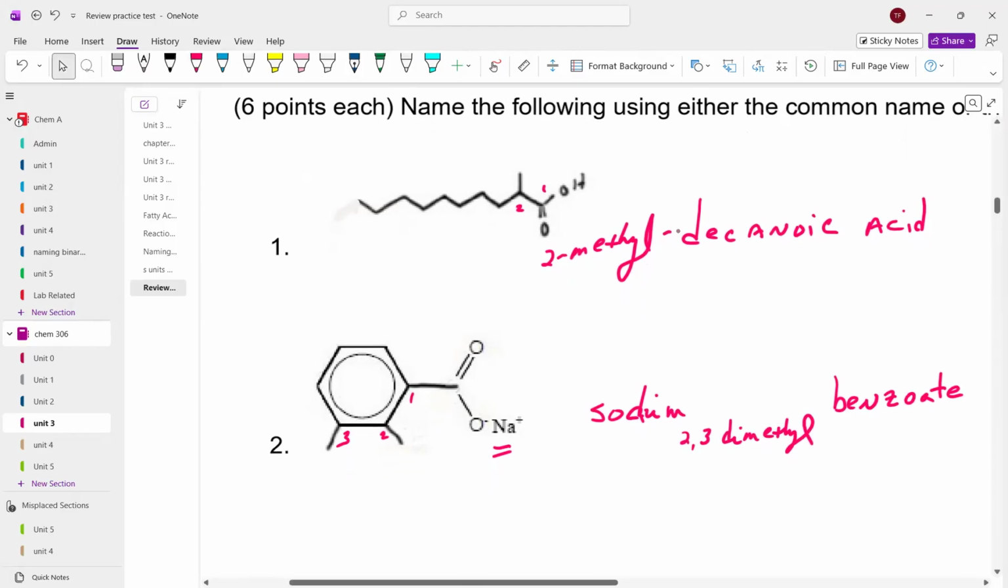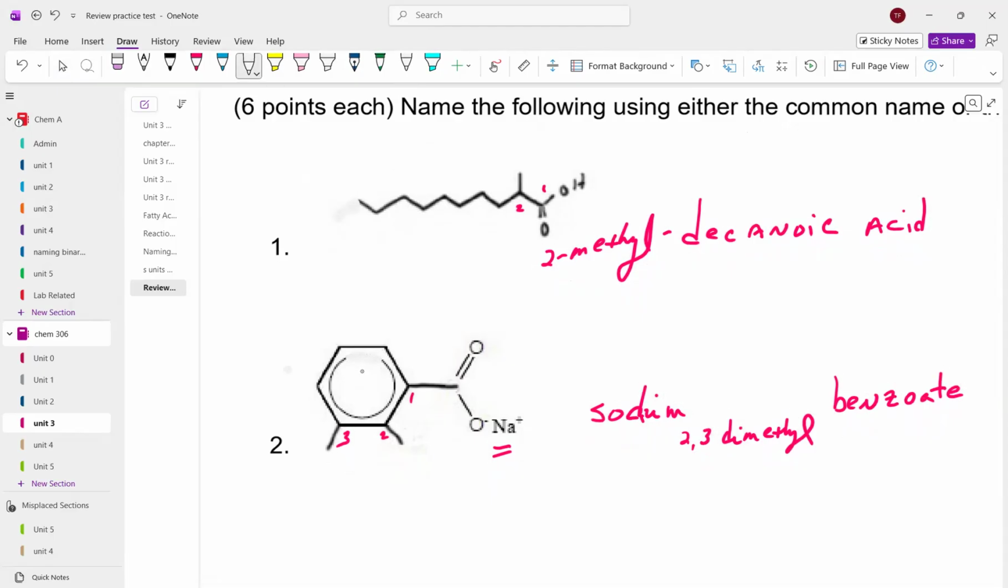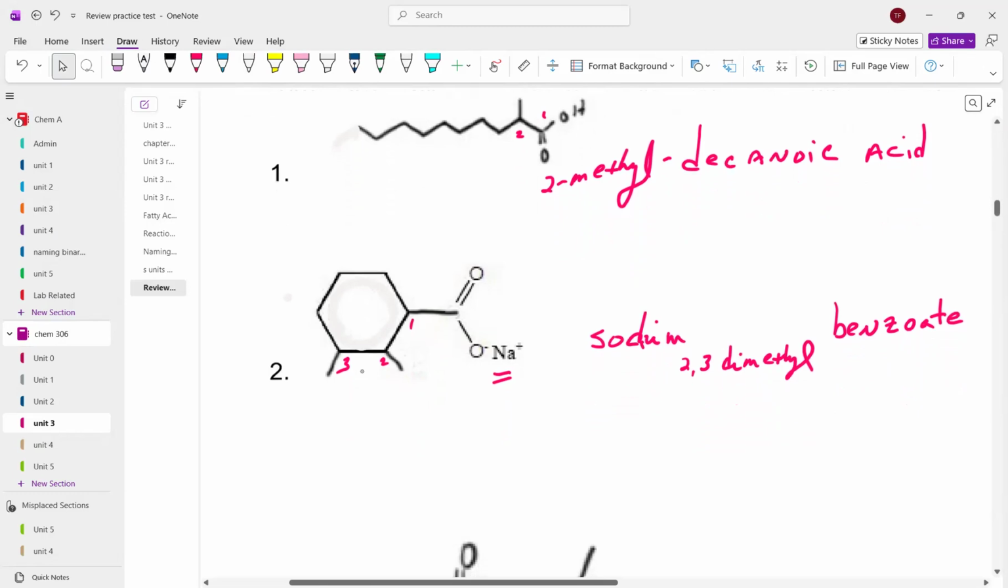Now, say this did not have, say it was like that. Okay, then it would be based on a cyclohexanoic acid.